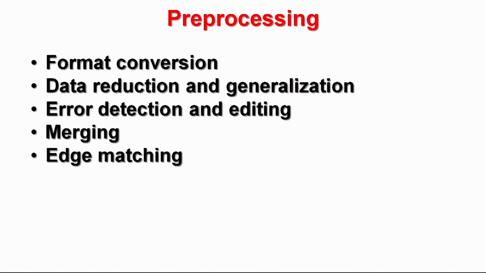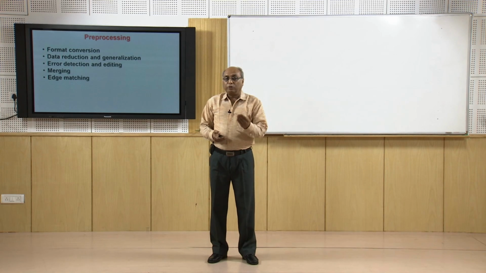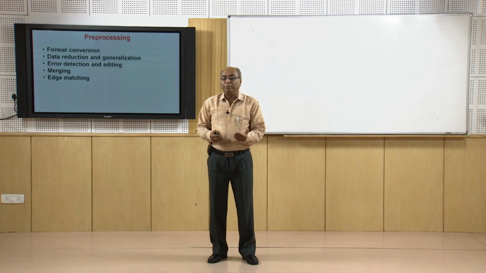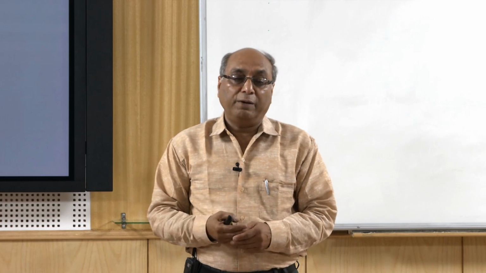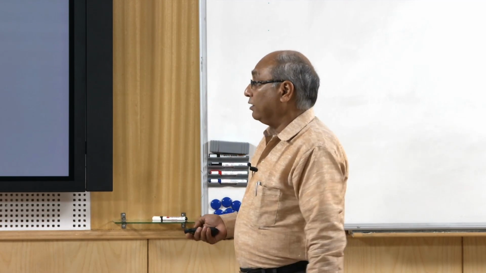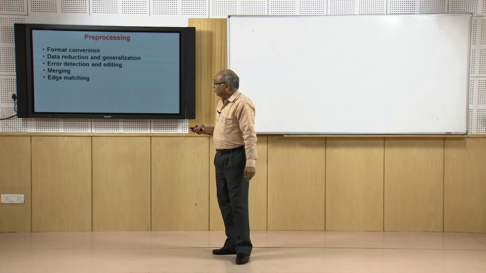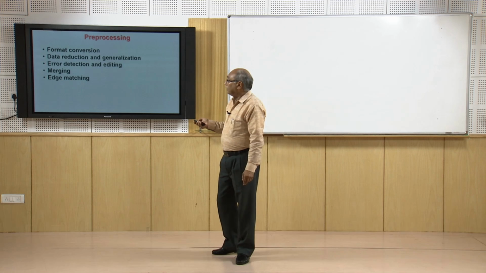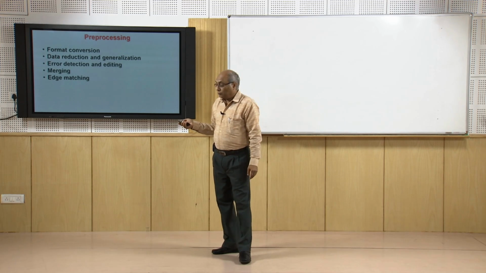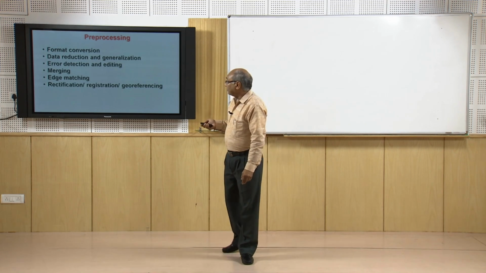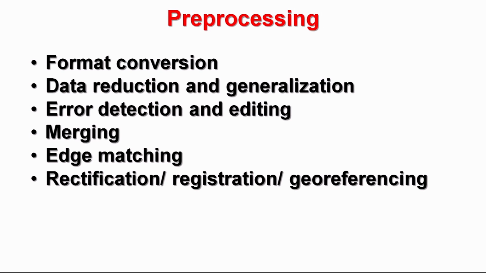And then edge matching is very much required, because a map might be in one projection and another adjacent map in another map projection. So you have to correct that, and sometimes if it cannot be done automatically, user interaction is also required for this.